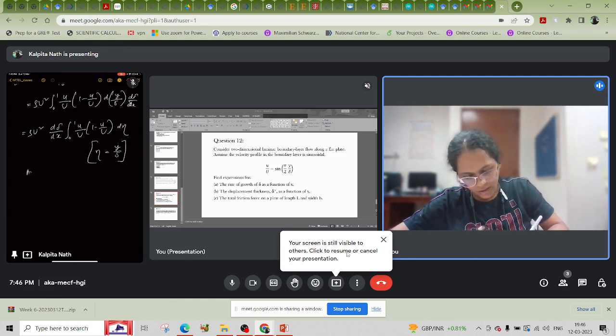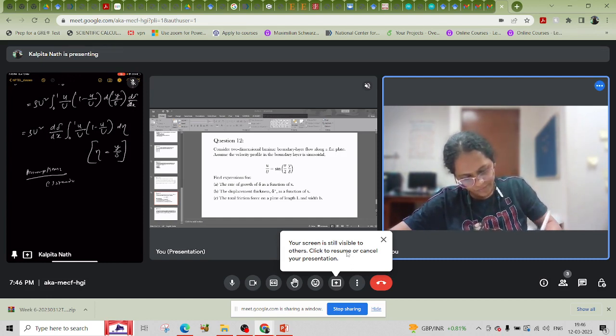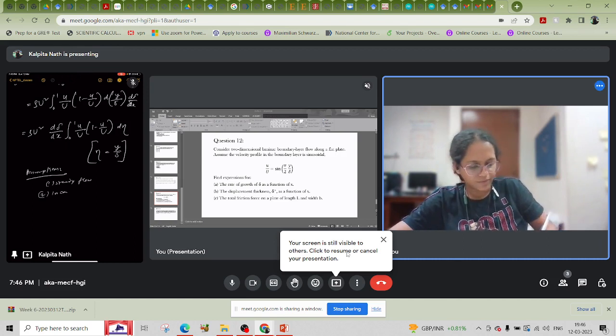Now the assumptions are steady flow and, number 2, incompressible flow.